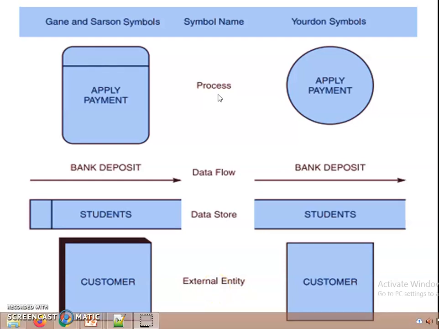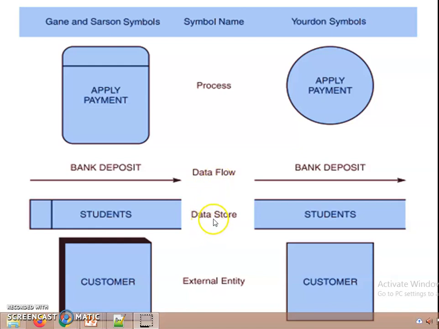So the symbol used for process with Gane and Sarson is actually a rectangle with rounded corners, while for Yourdon, it's represented with a circle. For the data flow, they both use the same arrows. It can be arrow up, arrow down, arrow left, arrow right, because it represents data flow.